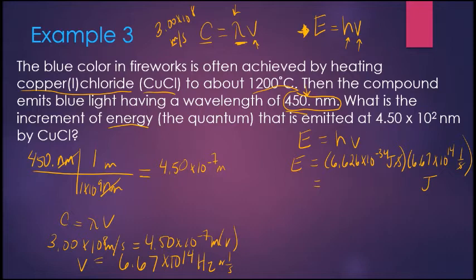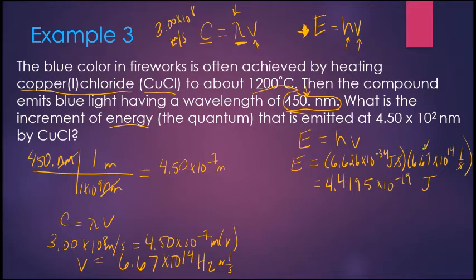So go ahead and calculate that, 6.626 times 10 to the minus 34 times 6.67 times 10 to the 14th. Now it should be somewhere in the times 10 to the minus 19, which it is. My calculator answer is 4.4195 something times 10 to the minus 19.